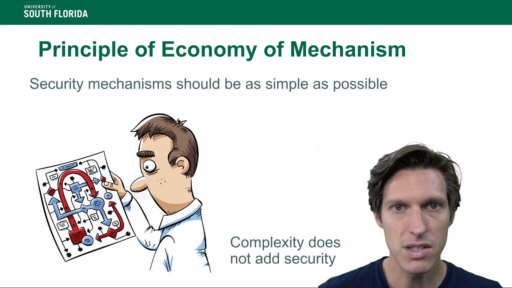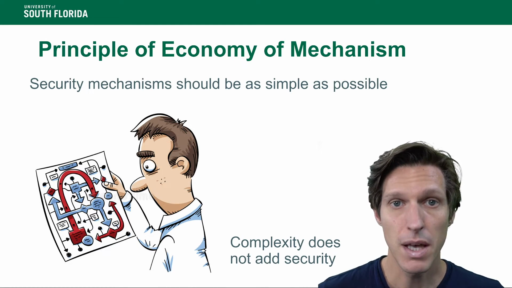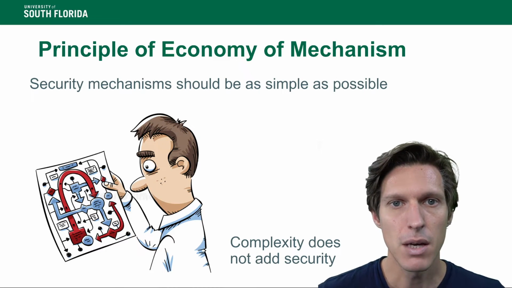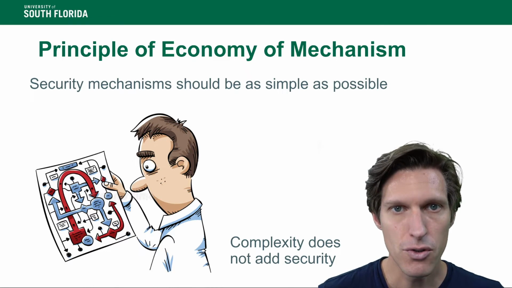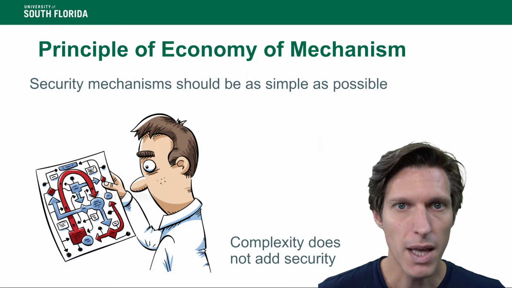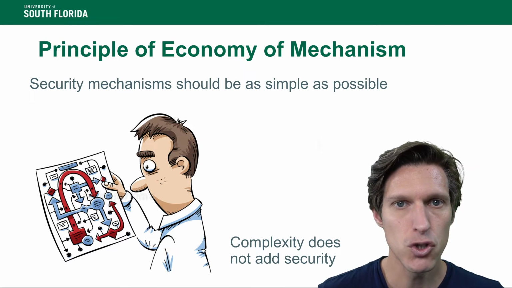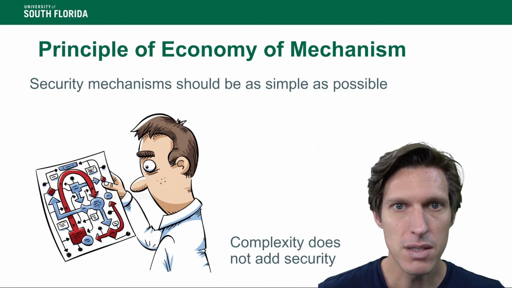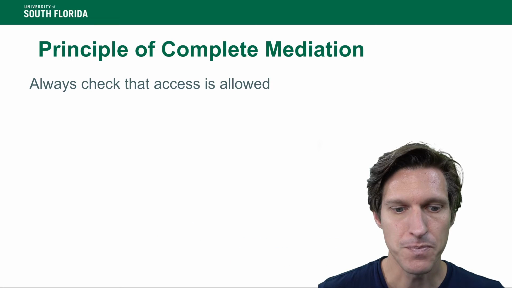Systems can unfortunately be complicated, but when they are unnecessarily complicated, we're basically running extra risks. It's harder to figure out what can go wrong, and harder to figure out what your adversary can or can't do. So designers need to keep that in mind to make the system as simple as possible.